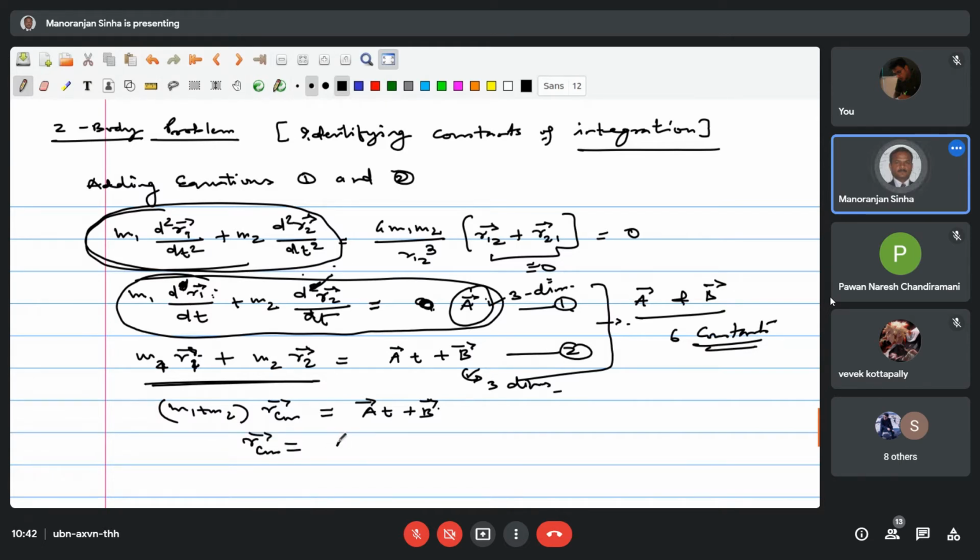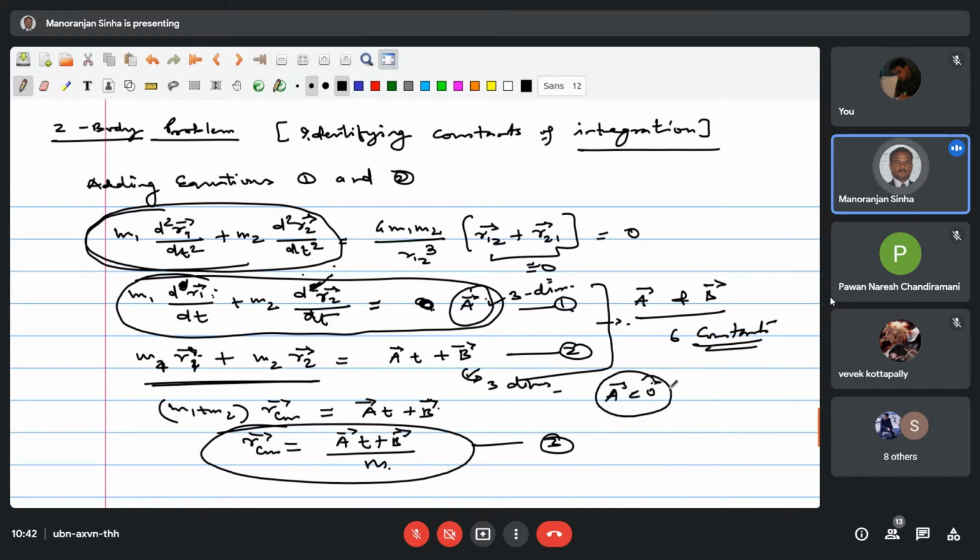So r_cm is equal to (A t plus B) divided by the total mass. So what does it say? If quantity A is equal to 0, this is a 0 vector. Even if I simply write 0, it still implies that it has 3 parts: 0, 0, 0.